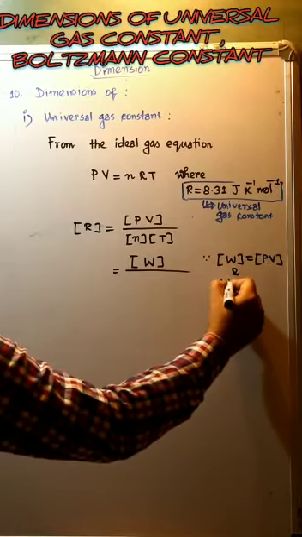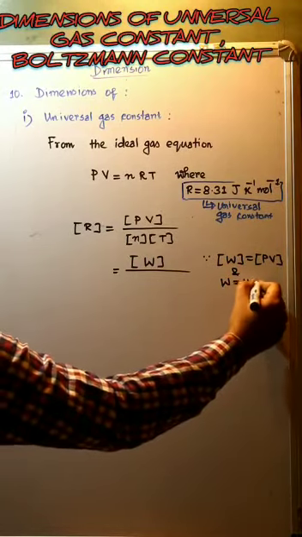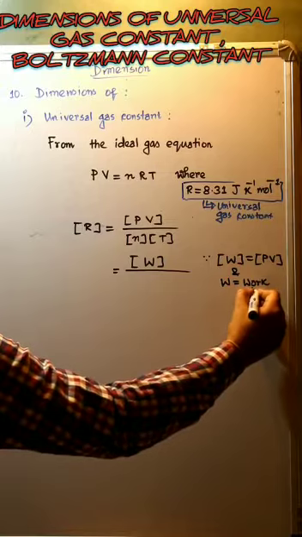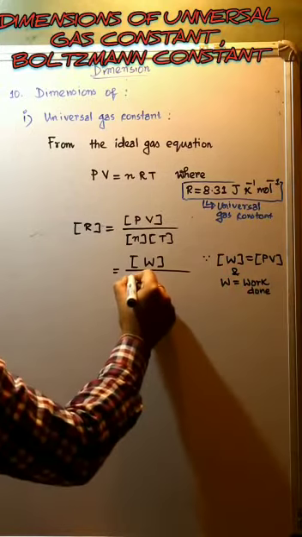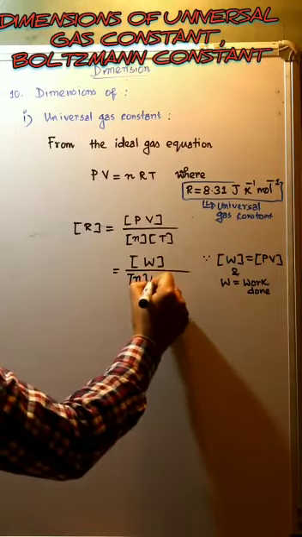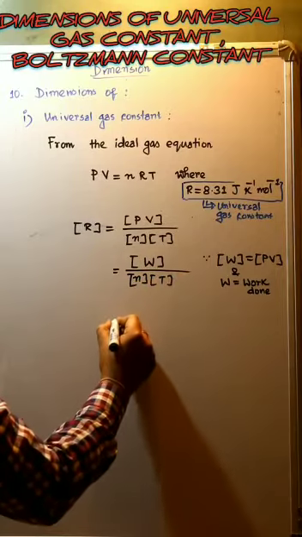And W is work done, divided by dimension of n into dimension of T.